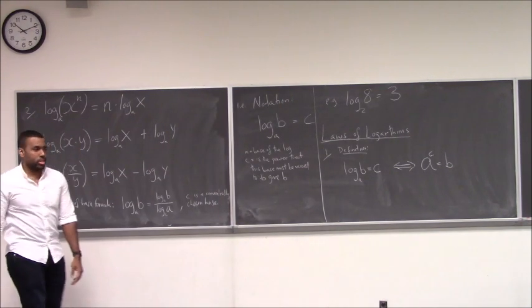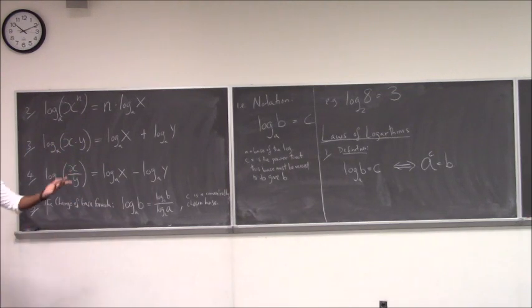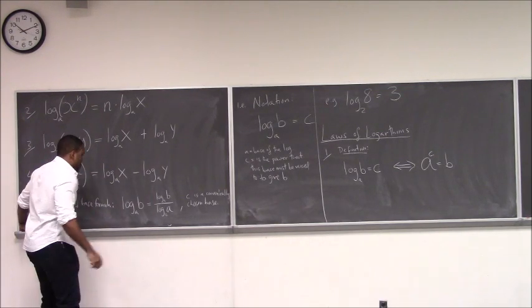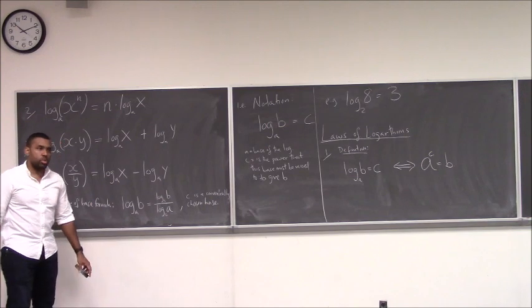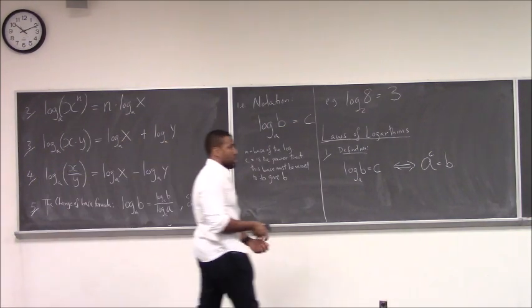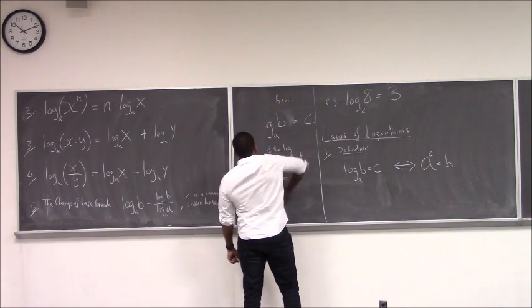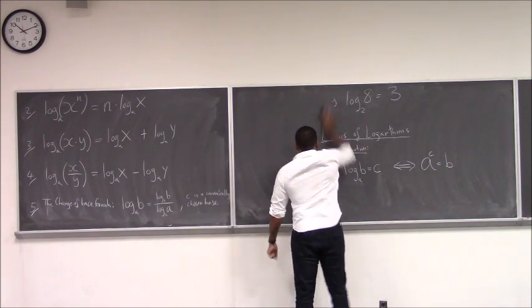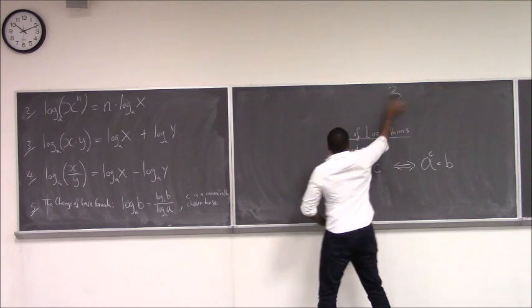Spoiler alert, in calculus, the c is usually going to be the number e. So if we have something according to another base, we'll often want to convert that to base e, and this would be how we would do it if we're dealing with logarithms. Let me give you an example of why that guy is useful.